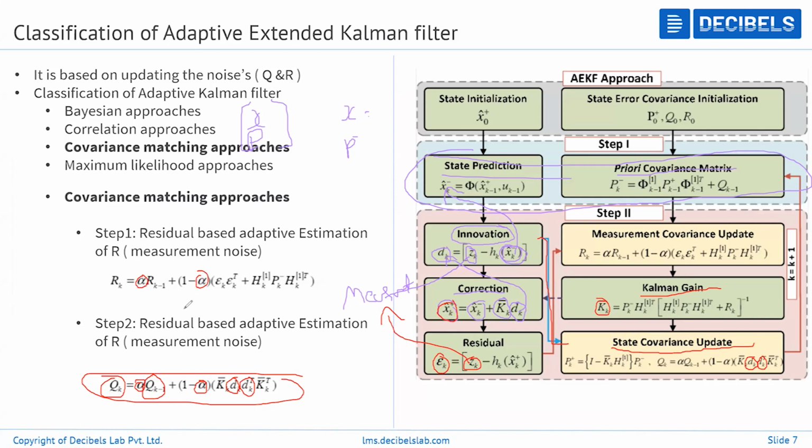This alpha is always defined between 0 and 1, let's say 0.3, 0.4, 0.5, 0.6. If the value is near to 1, for example 0.8, 0.9, 0.95, it means it depends more on its previous state estimates.